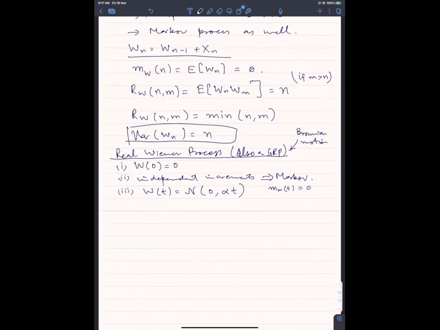The expected value of Wt is 0, and sigma square of W as a function of time is alpha t. Yeah. And autocorrelation of W T1 T2 will be equal to alpha times min of T1 T2. बिल्कुल उसी तरह से जैसे हमने ये पहले कंप्यूट किया था.